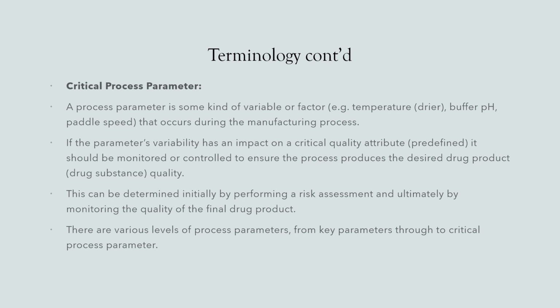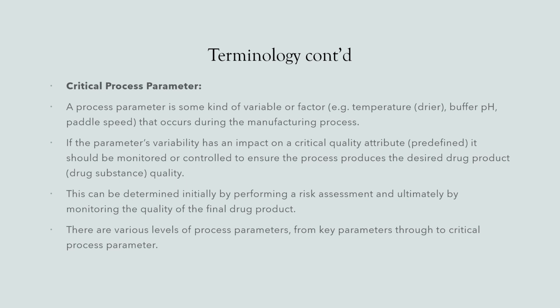So, critical process parameters, we just get through all the terminology. A process parameter is some kind of a variable or factor. So, for example, the temperature of your air dryer or bed dryer, your buffer pH, your paddle speed. This might be a process parameter that occurs during your manufacturing process.